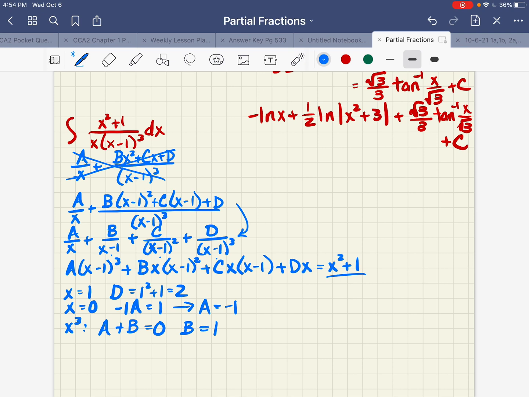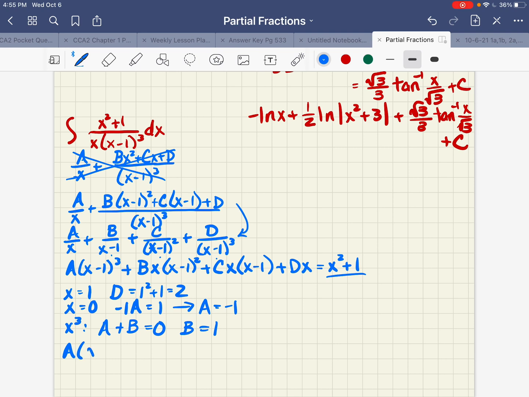I'm going to get c. I think there's nothing for it. I've got to do the x squared terms, I think. The x terms aren't going to be any better. Shoot. All right.